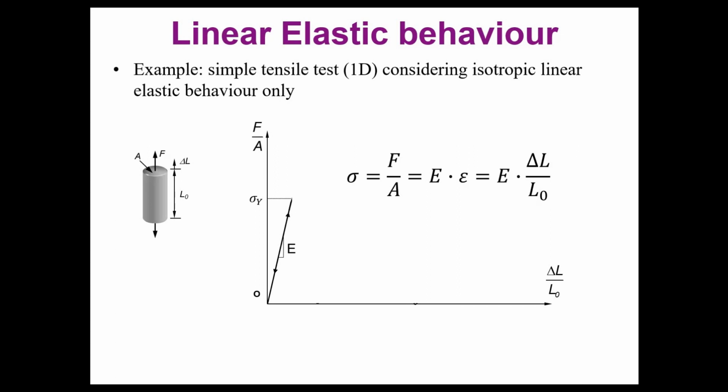As you see, the Hooke law is the law that we use to describe this linear elastic behavior. It's very simple to write mathematically, because sigma is the stress, force divided by an area, and is equal to the Young modulus multiplied by the strain, which is delta L over L0, where L0 is the original length of the bar.